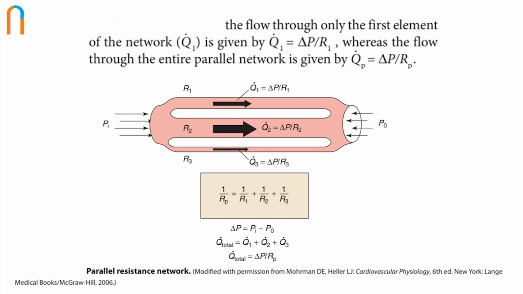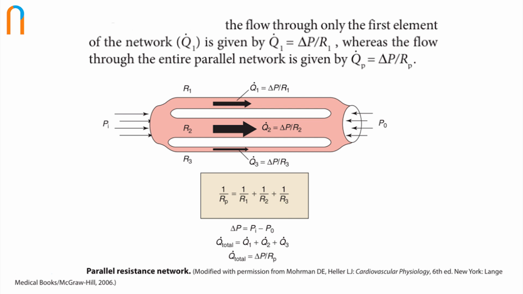The total flow through a parallel network is determined by delta P divided by Rp. As the preceding equation implies, the overall resistance of any parallel network will always be less than that of any of the elements in the network.